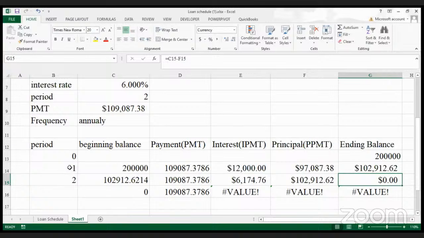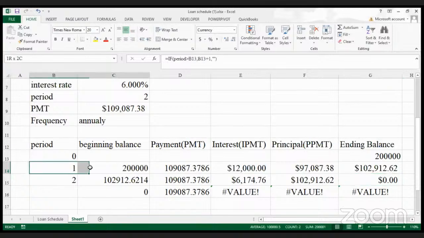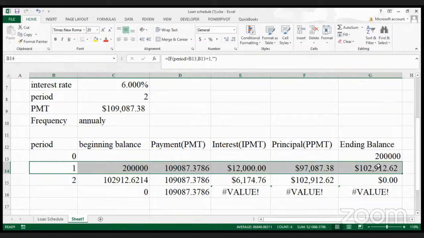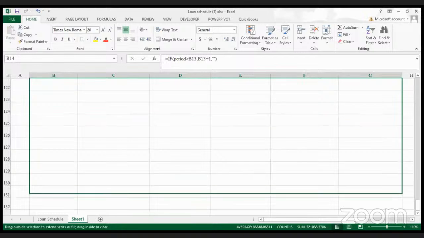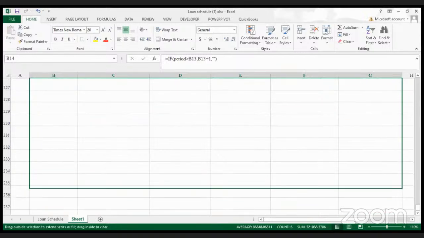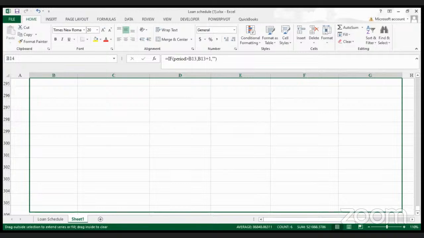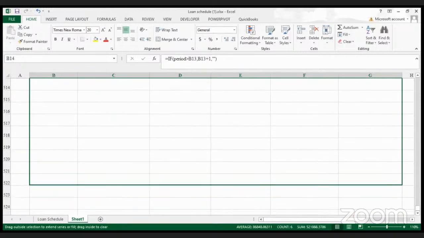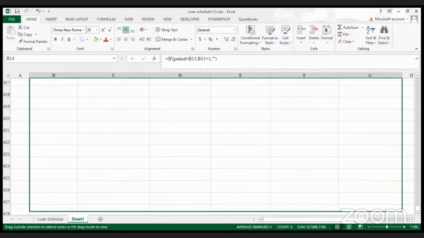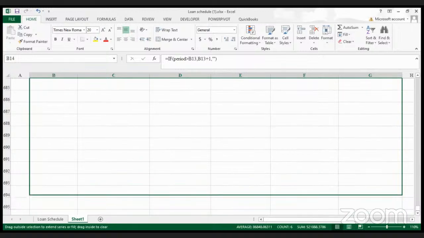So having set the formulas in these cells, we can now drag it, let's say up to even 1,000 rows, and see what will happen.